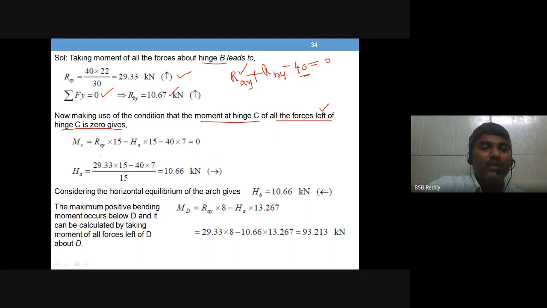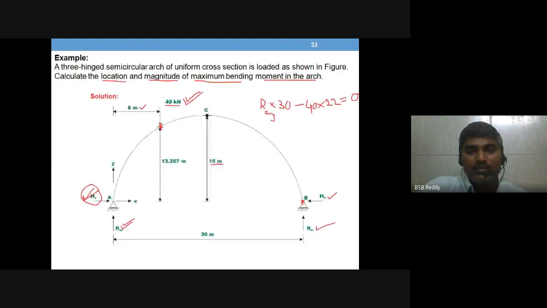Okay, so what do you write now? This is the moment center for us now. From this, to the left of C, you write moments of all the forces. So what forces do you have? RAY into the distance 15, because your moment center is at C. HA is a horizontal force, so the perpendicular distance is again 15.